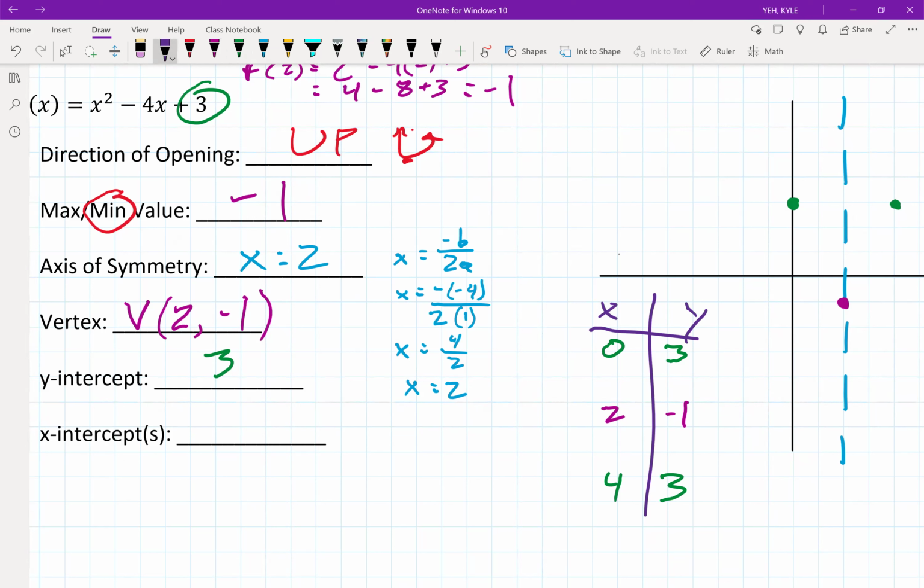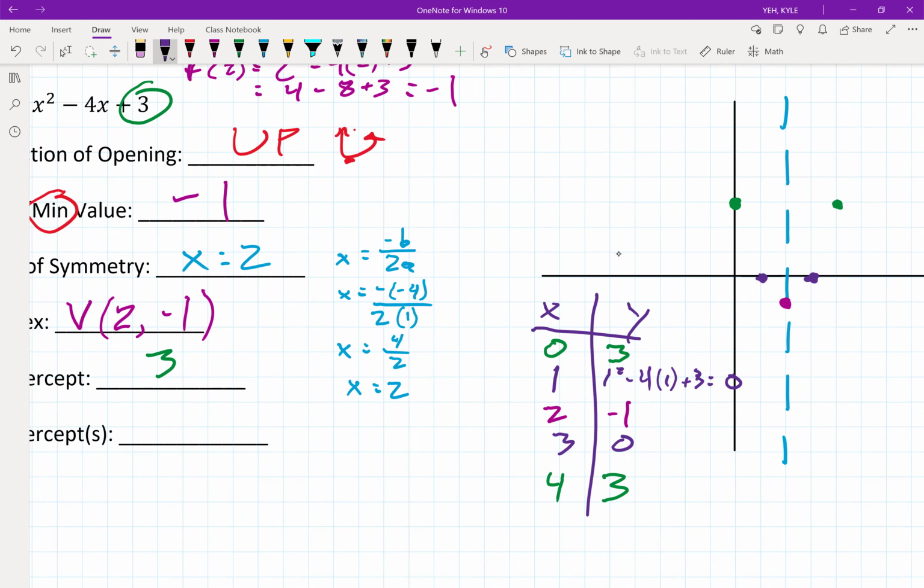0, 2, 4. I think I'm just going to try 1. 1 seems like a nice, easy one to find. If I plug 1 into my function, we get 1 squared minus 4 times 1 plus 3. 1 squared is 1. 4 times 1 is 4, so 1 minus 4 is negative 3, plus 3 is 0. 1 comma 0 is a point on this parabola, which means we can reflect that across the axis of symmetry, 3 comma 0.